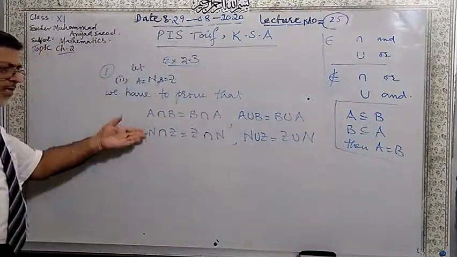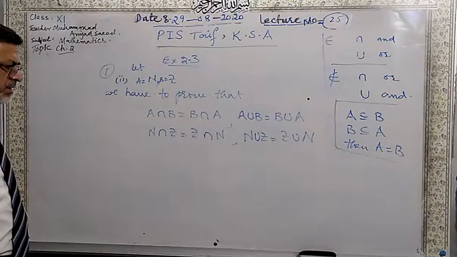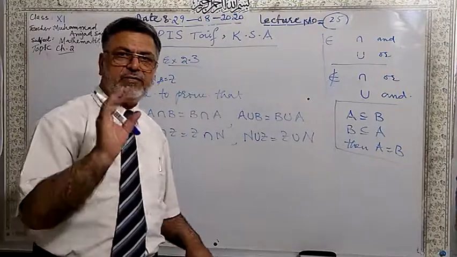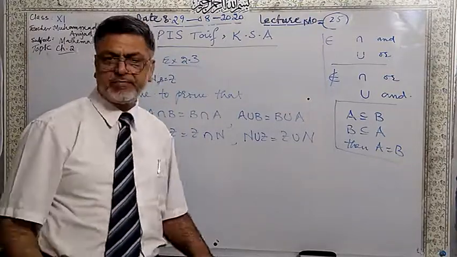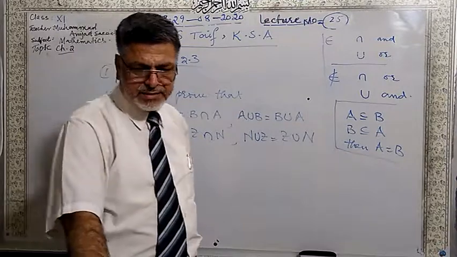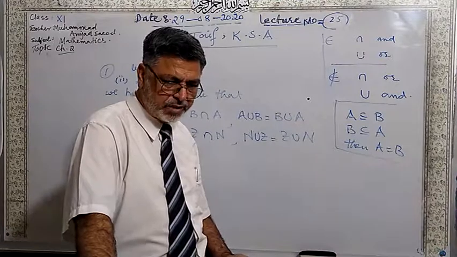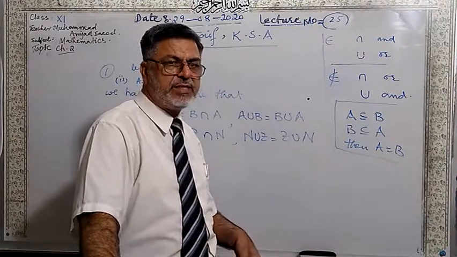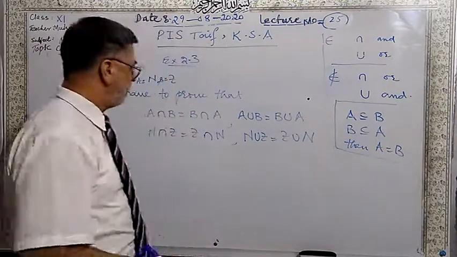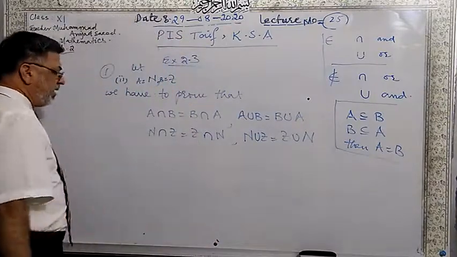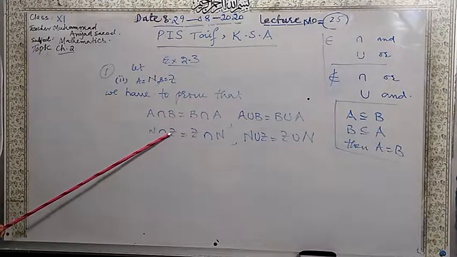In case of two sets, if one is a subset of the other, then intersection will be the smaller set and union will be the bigger set. Here you can check N and Z. N is a subset of the set of integers.